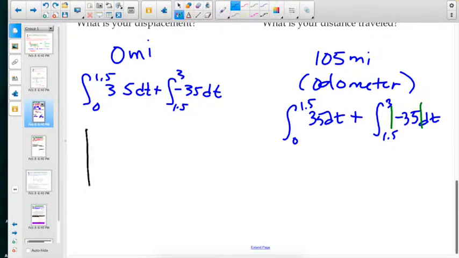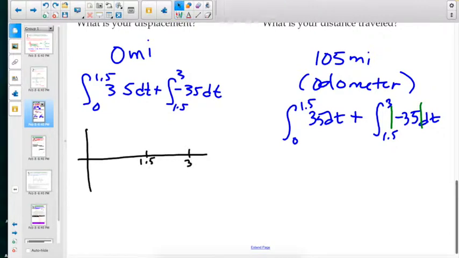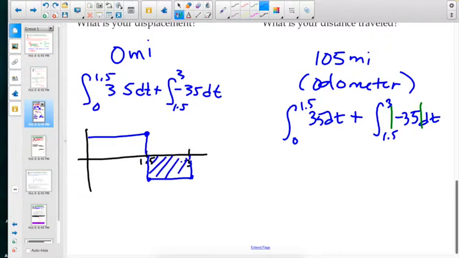We probably could just benefit from a quick graphical. So that's what we had up above. I'm just copying what we had up above. You don't have to copy that if you don't want to.